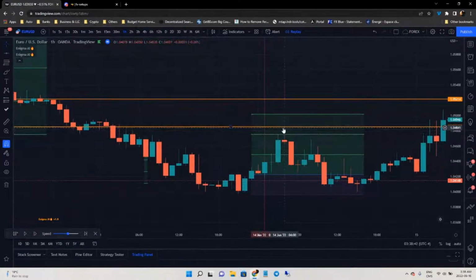And it tapped it and went back down. Tag the number 3 if you understood the thought process on the trade. And as you can see, it went exactly in that region and went back down.